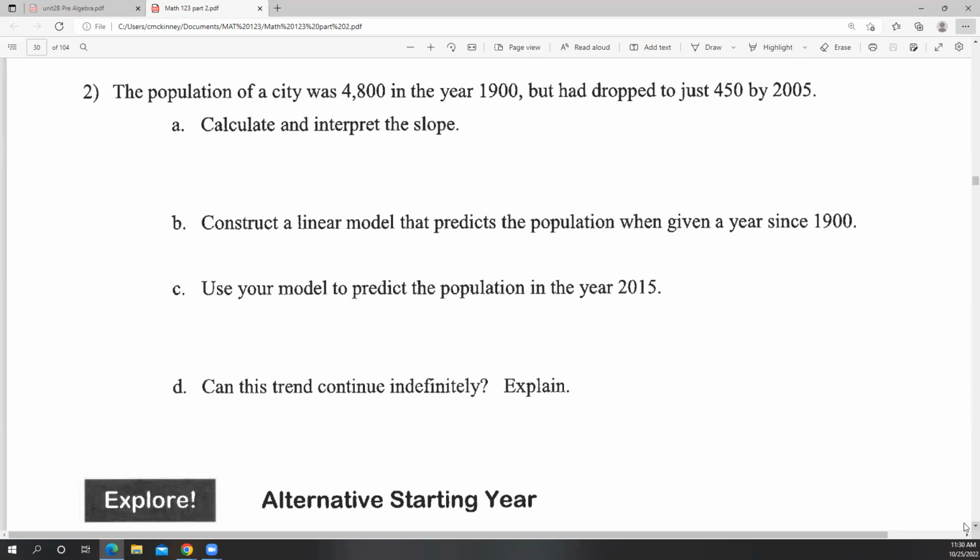So how would we find the slope here for this city? Remember that time, like the years, is going to be our independent variable. So that means that's the X, that's going to be on the bottom.